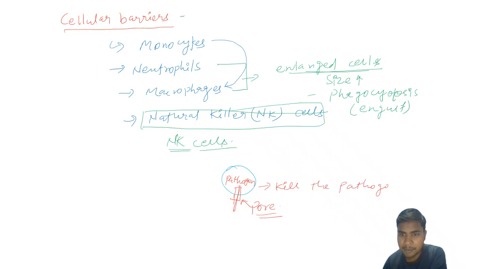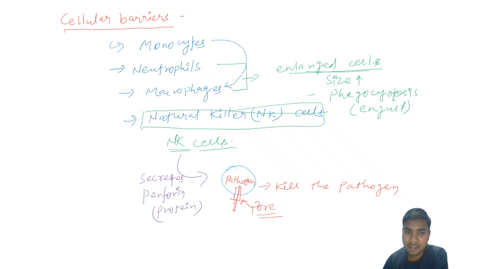So how does this happen? Whenever a natural killer cell encounters any pathogen or microbe, it secretes perforin protein. This perforin protein creates a pore in the membrane of the pathogen.